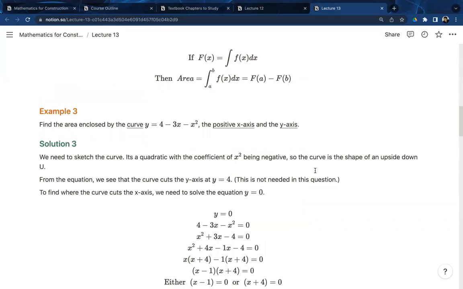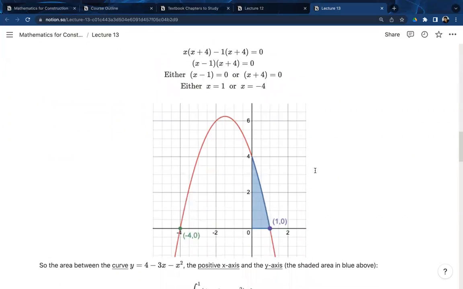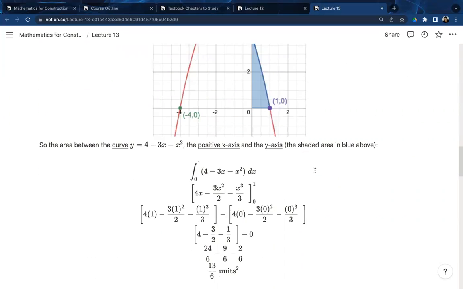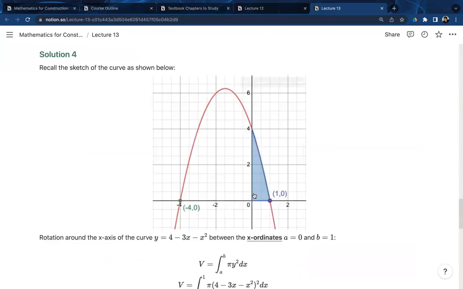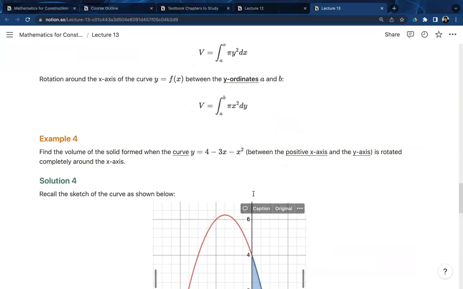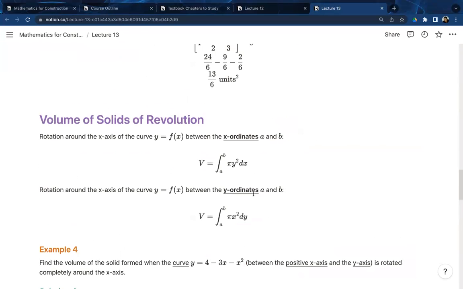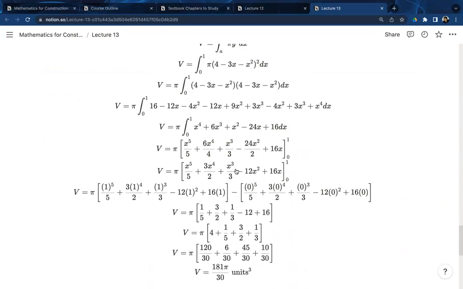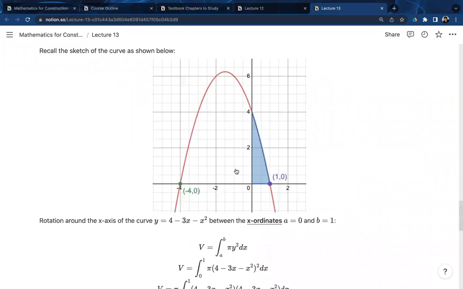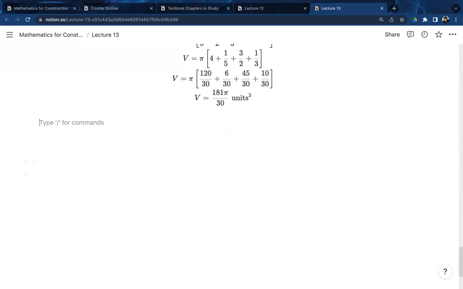That's the value of the definite integral. It turns out that the area under a curve is a definite integral. Similarly, the volume around, when you rotate it around the x-axis between two x ordinates, it's the value of a definite integral, okay? I'll probably just give you a question here for homework for you guys to try.